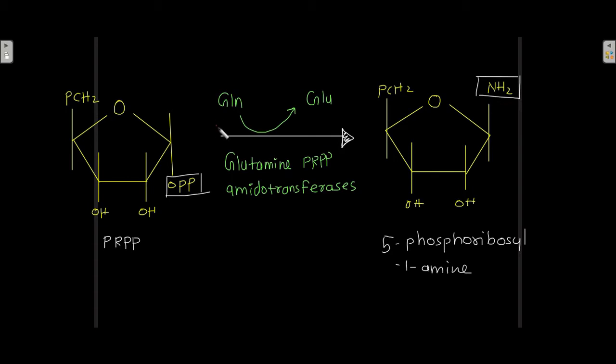This reaction is catalyzed by glutamine PRPP amidotransferase, and in this reaction glutamine is getting converted into glutamate, and that is why there is a supply of this amino group. So PRPP is getting converted into 5-phosphoribosyl 1-amine.